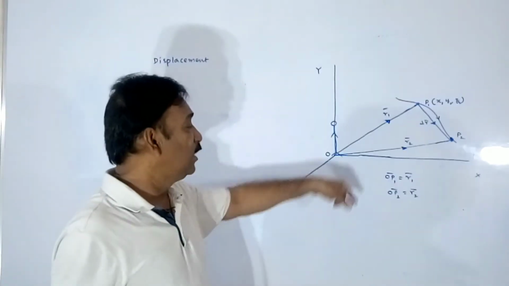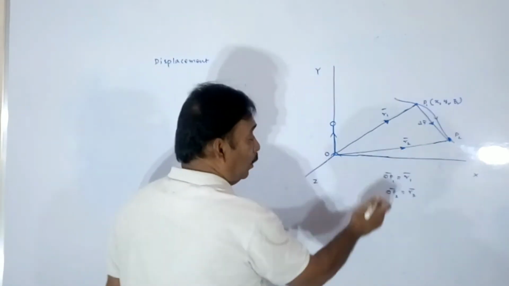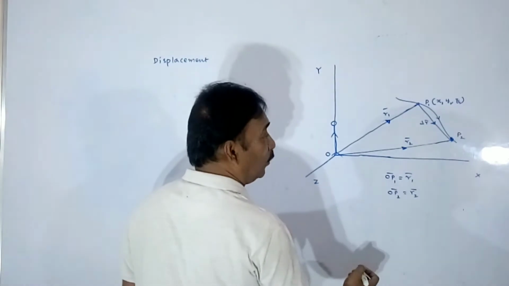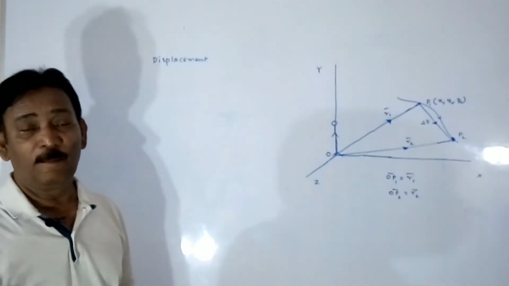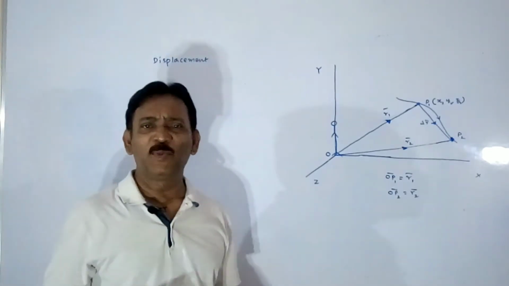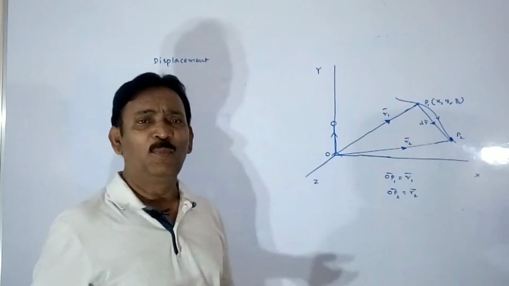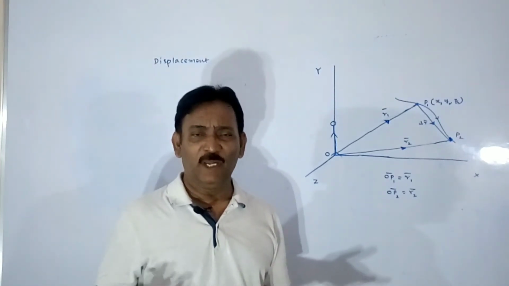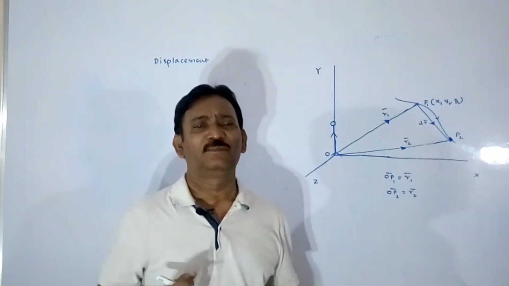But here, using all this data, I am finding the magnitude of the displacement as well as the displacement vector with respect to position. Simply, you can say displacement is the change in position of a particle.